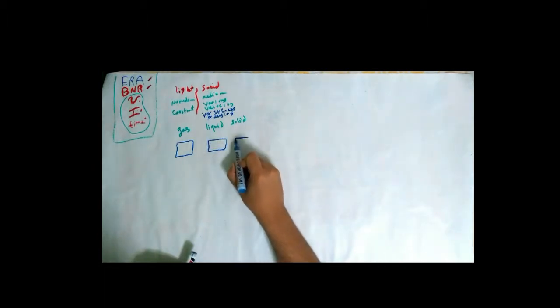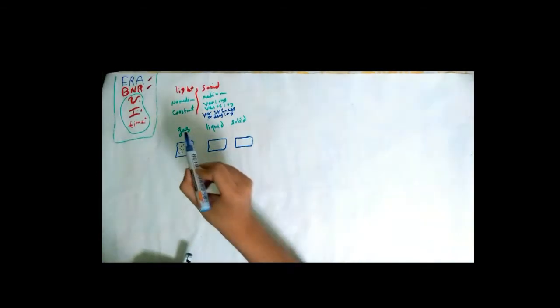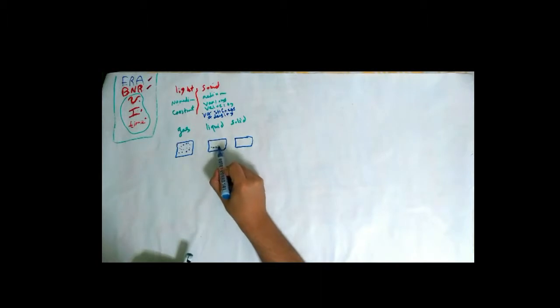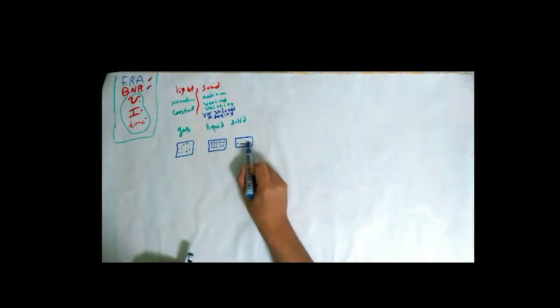To understand this, let's say we have squares of the same size. One is filled with gas, the other filled with liquid, and the third is filled with solid.